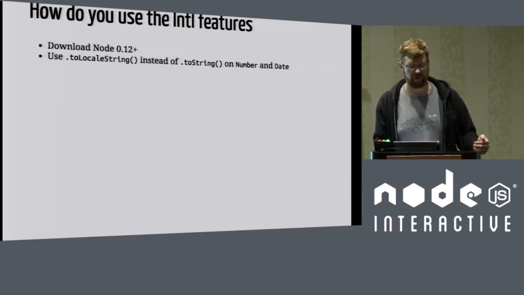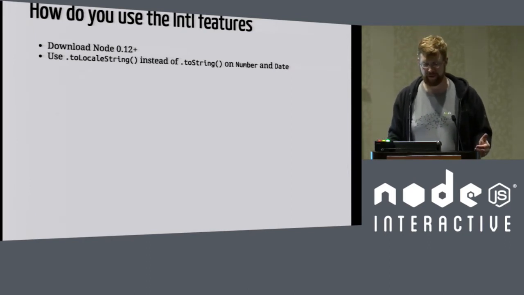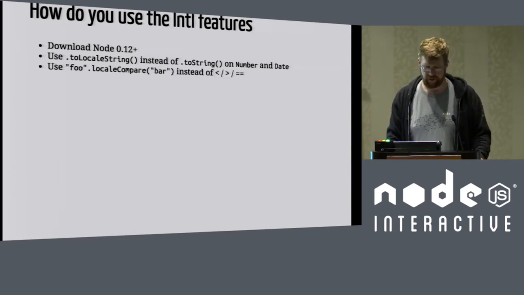If you're doing something that's facing an end user, you want to use toLocaleString. And this applies to front-end JavaScript as well. If you have these functions available, make use of those. Use localeCompare instead of less than or greater than. This will give you something that supports more than just ASCII and code point order.